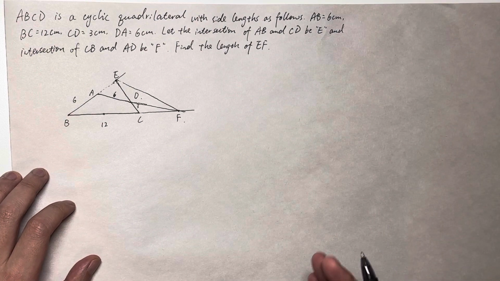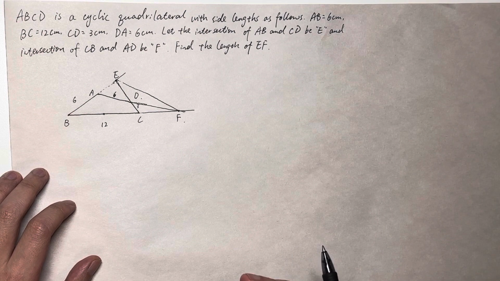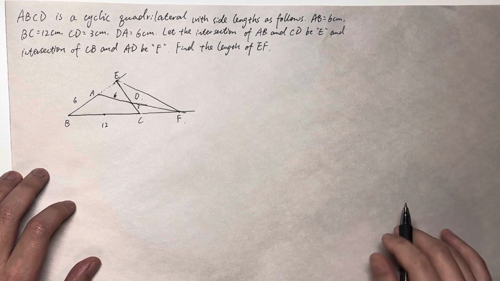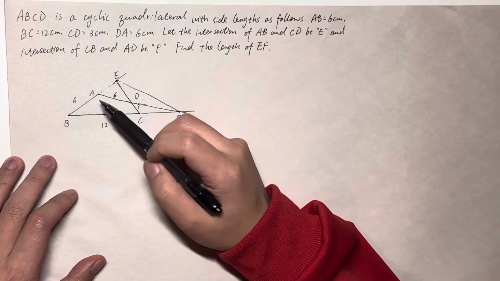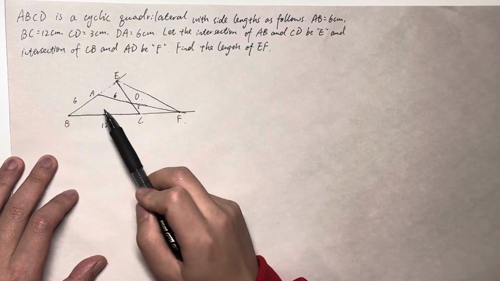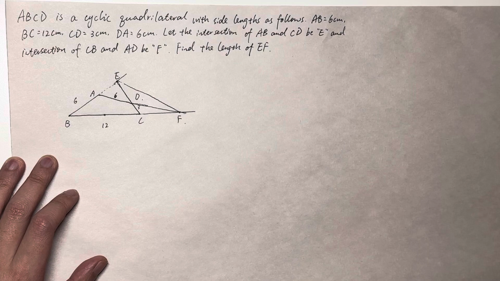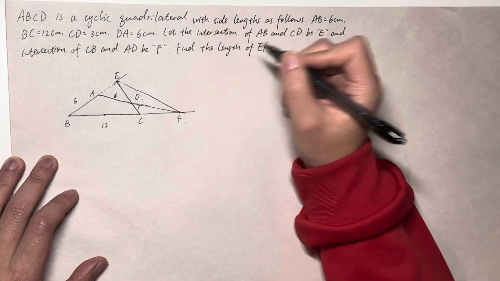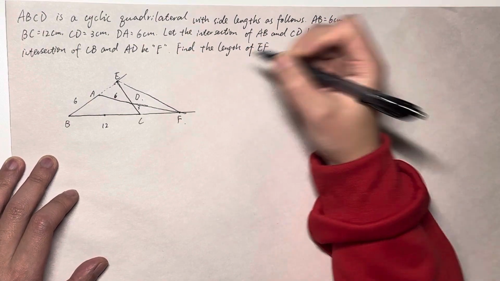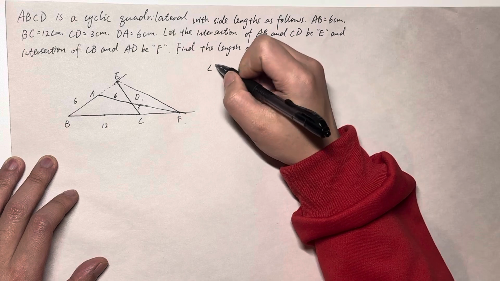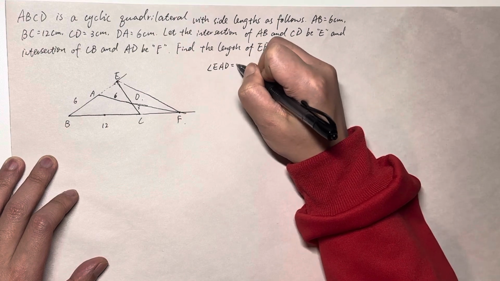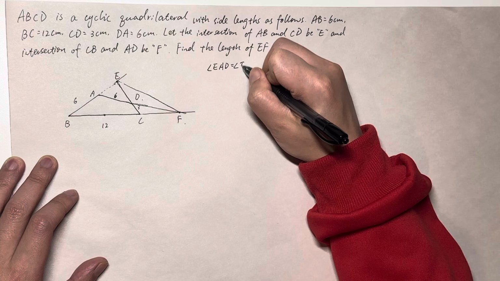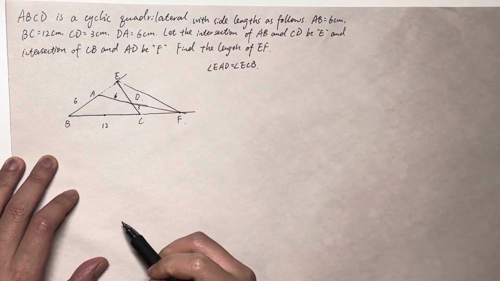So first I'll talk about the solution that I figured out at first, right? If we look at the problem, ABCD is a cyclic quadrilateral, which is very important information, because that gives us the following angle relation: angle EAD equals angle ECB, right?